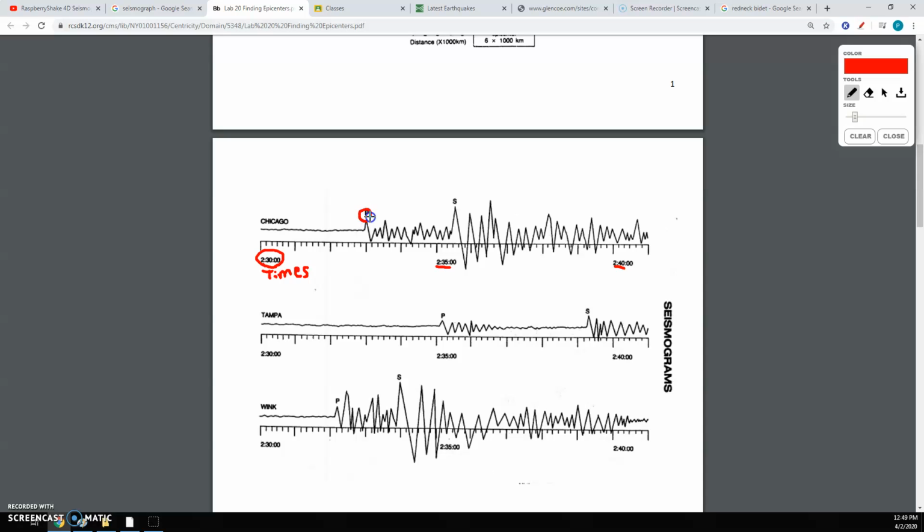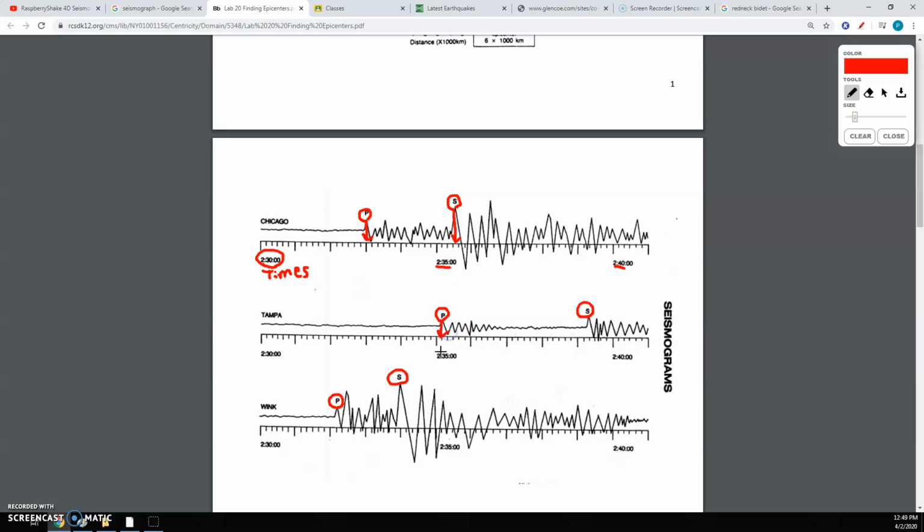So you've got two types of earthquake waves, actually. You have P waves and S waves. And so you can look in all of the seismographs, and you can find these two peaks in the squiggles. The first peak is from the P wave. The second peak is from the S wave. So P waves arrive first, S waves arrive second.